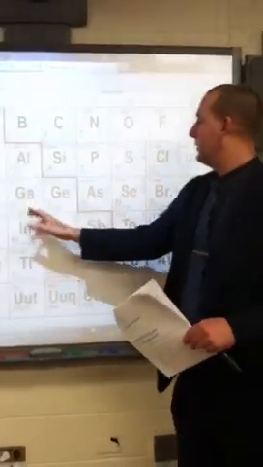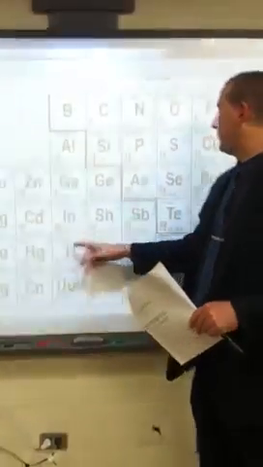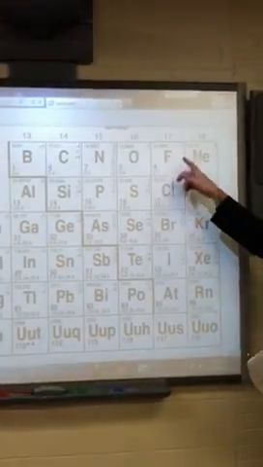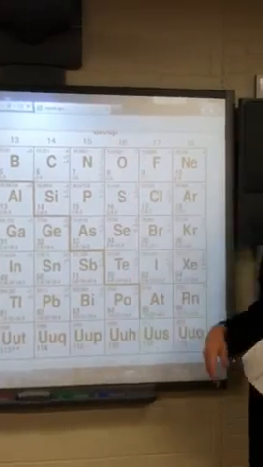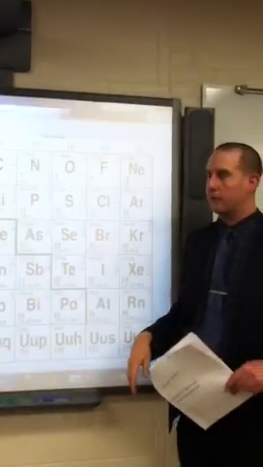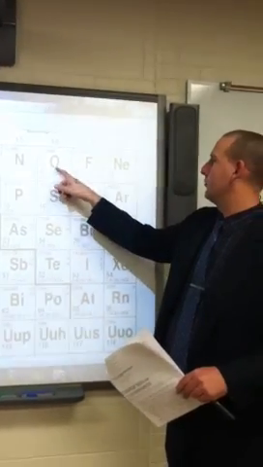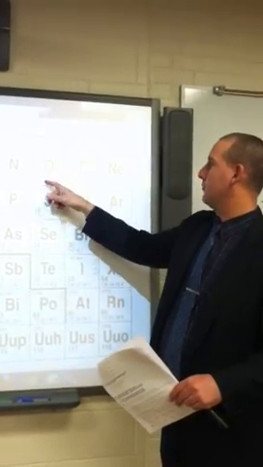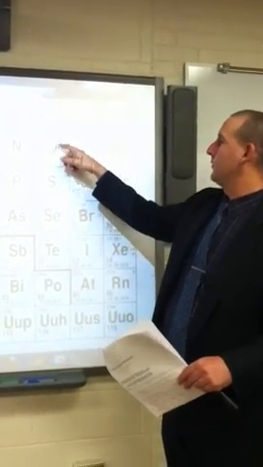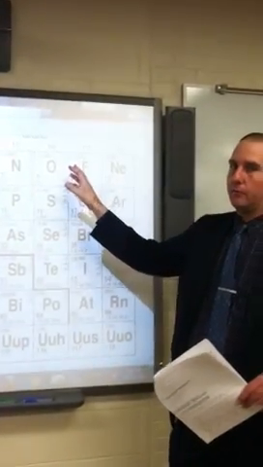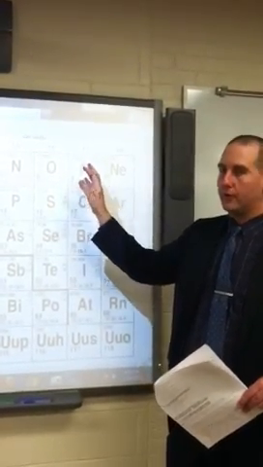Remember, everything yesterday to the left had positive ions. What does everything to the right have on the top? Negative ions. If they have negative ions, does that mean they're losing electrons or gaining electrons? It means they're gaining electrons. So when O wants to gain 2 electrons, it's 2-6, it wants to gain 2 to become 2-8. Nonmetals tend to gain electrons, which is the opposite of metals, which tend to lose electrons.